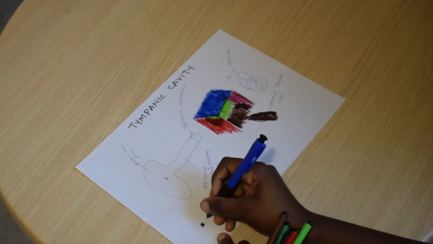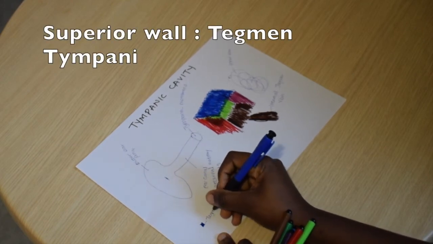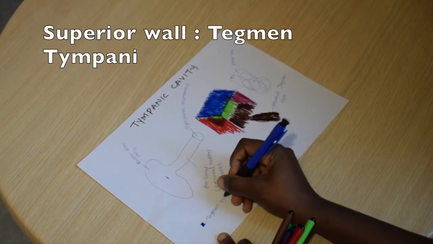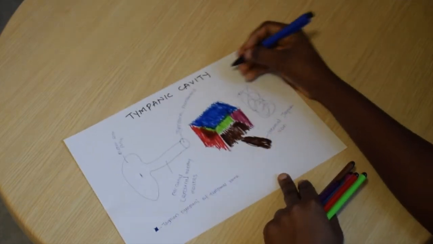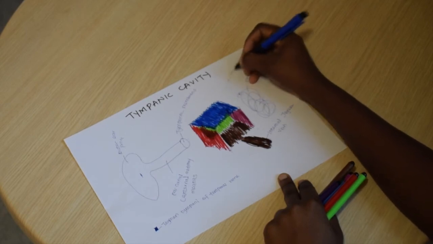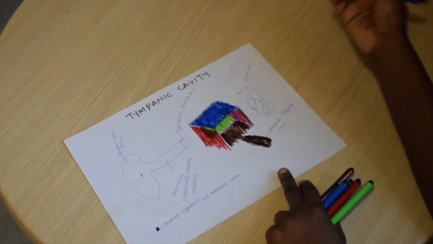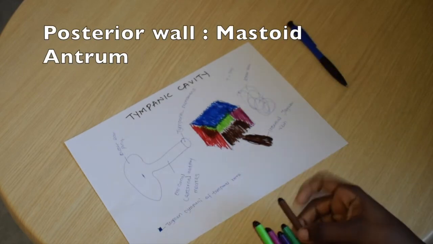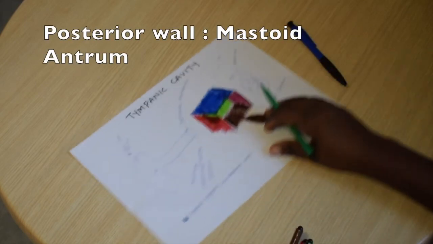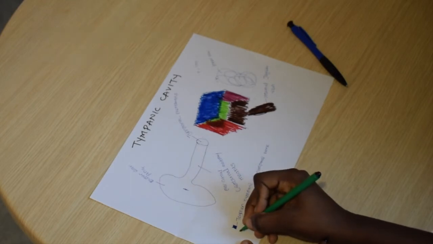And that's the tegmen tympani of temporal bone. So just know it as TT, and T is for top. So top, superior, TT, tegmen tympani of temporal bone. The posterior wall is the mastoid.